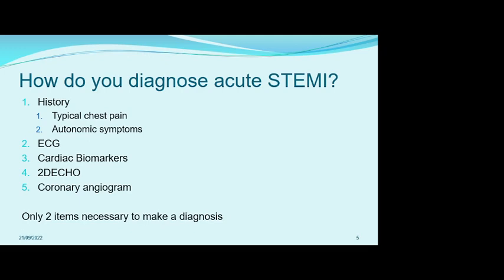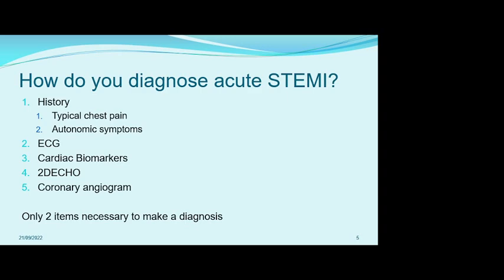So how do you diagnose ST elevation myocardial infarction? The history is very important. Typical chest pain, usually they will have left-sided chest pain. They cannot point out the chest pain. If they point out with one finger, it's unlikely an ischemic or a myocardial infarction.